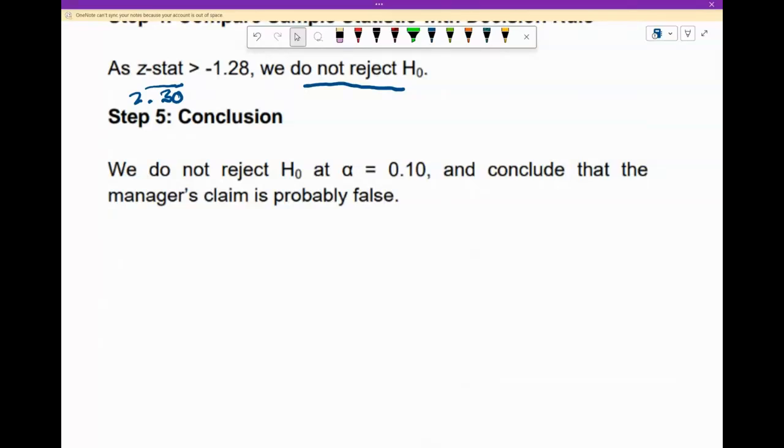This is also important because we could have run our test at a 1% or 5% level of significance, and if we ran it at those levels, we very well might have a different answer. So it's important to include that in your interpretation or conclusion.